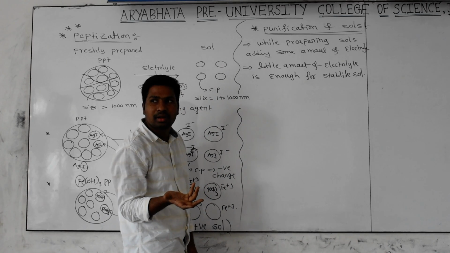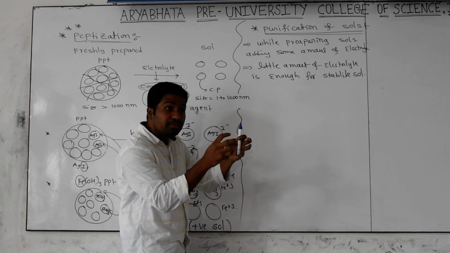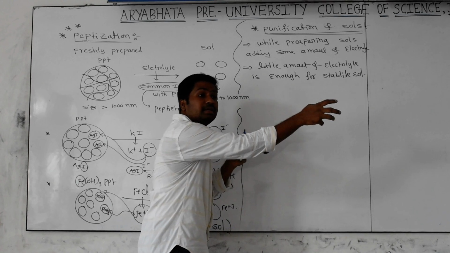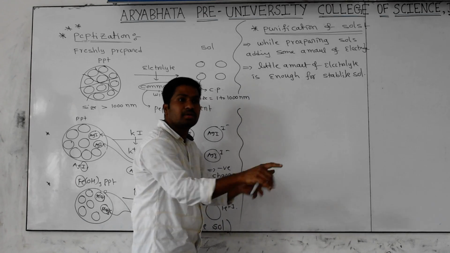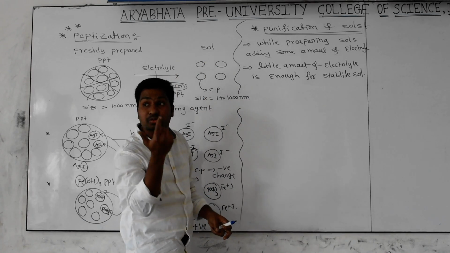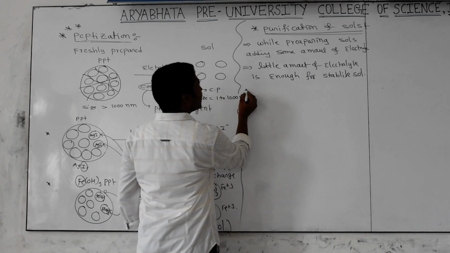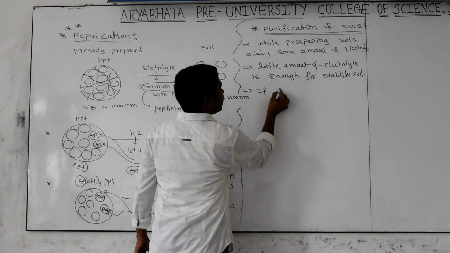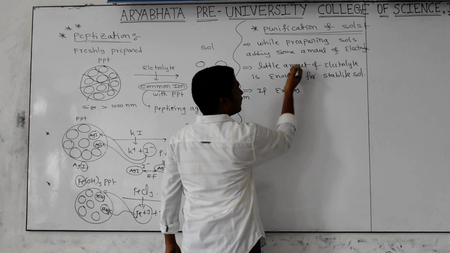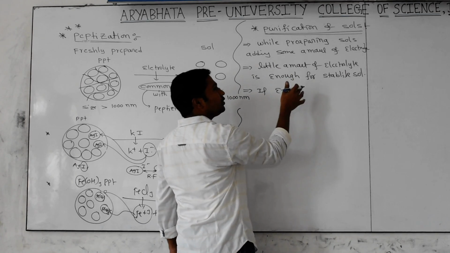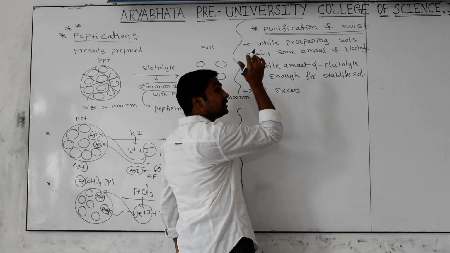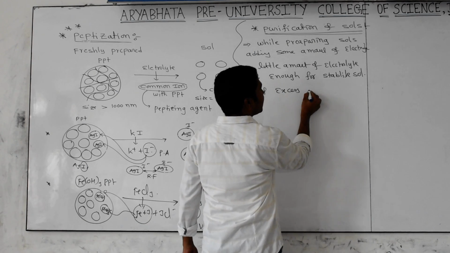Stabilizing means the dispersed phase should always interact with the dispersion medium. If it settles down, it is called a precipitate and loses its sol behavior. A little amount is enough, but the remaining amount is dangerous and damages the sol behavior.